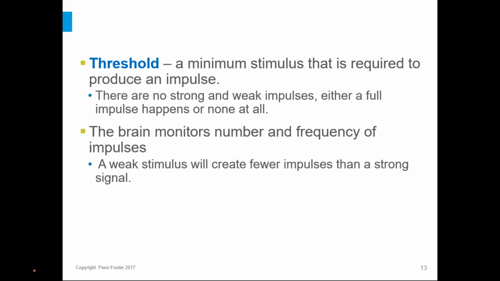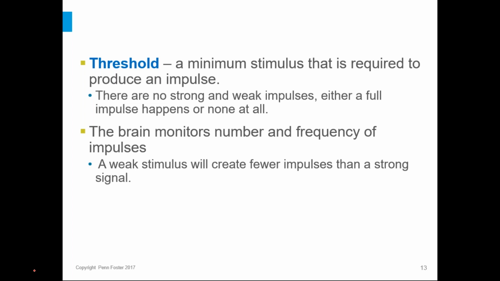So how do we know whether a stimulus is strong or weak? What we're saying is your nerves are responding to something. How do we know if they're responding to something strong or to a weak signal? Well, the brain monitors the number of neurons that have impulses and the frequency that an impulse is repeated in a single neuron.